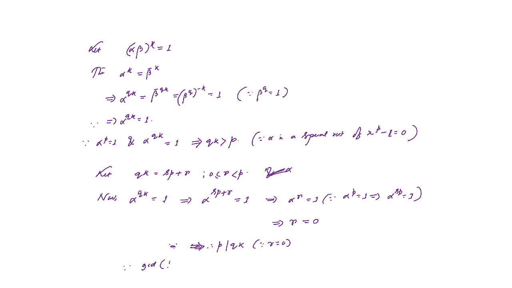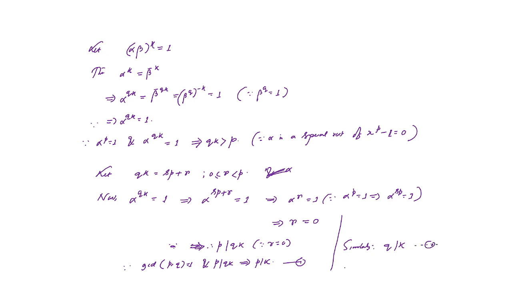Since GCD of p and q equals 1 and p divides qk, we can write p divides k. And similarly, in the same way, if we start with alpha to the power pk, taking p in the position of q, we can prove q divides k.